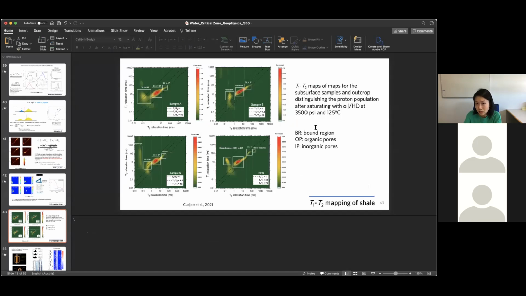This is in the lab though. This is a T1-T2 map for the shale samples, and you can identify the bound region, organic pores and inorganic pores by comparing to the SEM images. So this could be possible from the T1-T2 map.